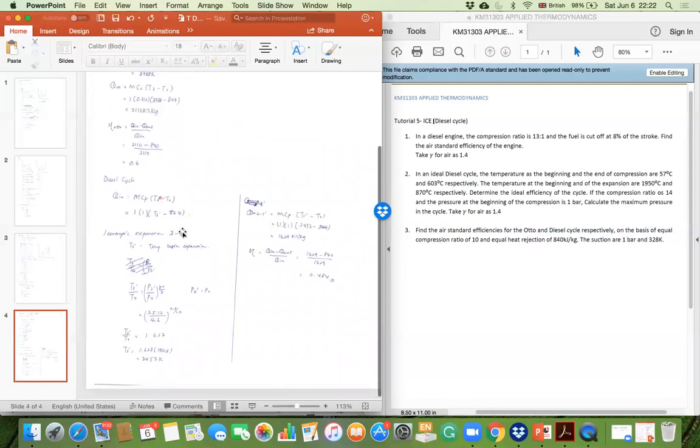I think I did something wrong. This is not 2 to 3, this is 3 to 4. Isentropic is 3 to 4. Let me change it now.